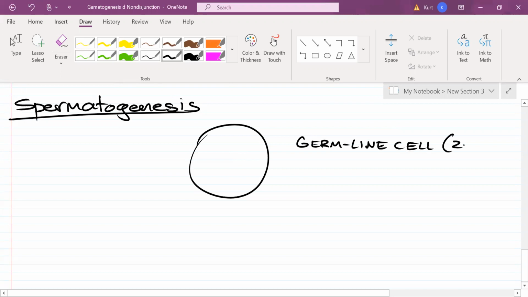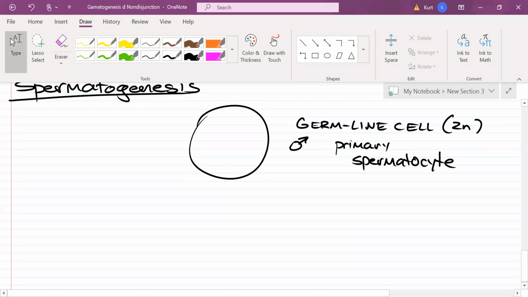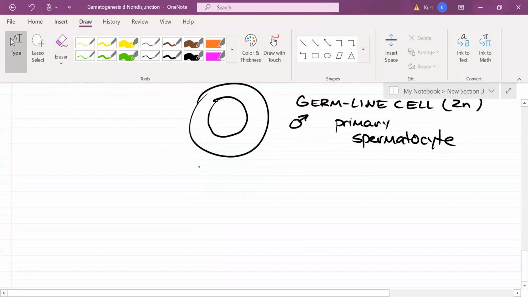It is diploid. And in males, we're going to call this a primary spermatocyte. A spermatocyte means seed cell: cyte means cell, sperm means seed. After the first round of meiosis, you go from 1 parent cell to 2 daughter cells.